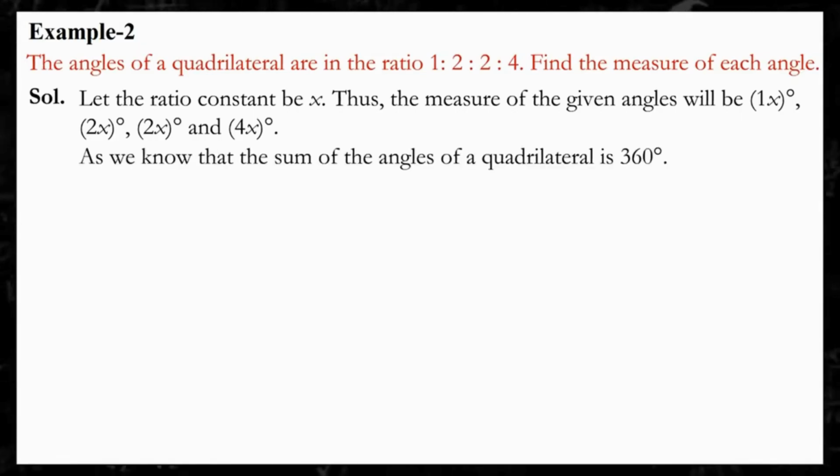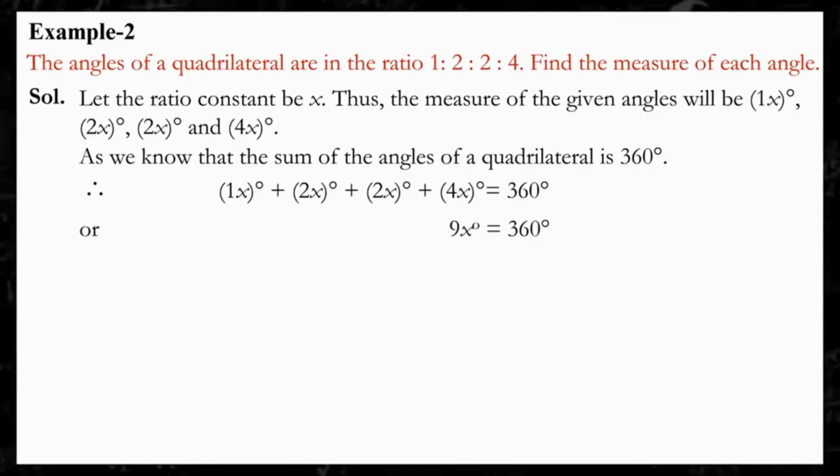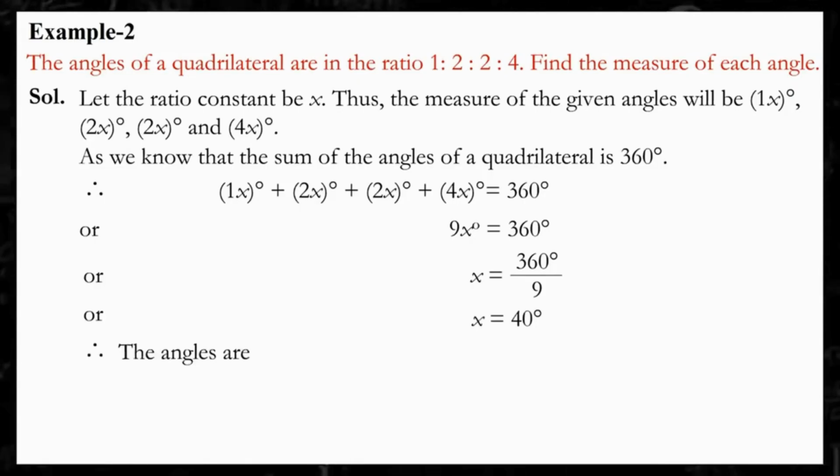As we know that the sum of the angles of a quadrilateral is 360 degrees, therefore 1x plus 2x plus 2x plus 4x is equal to 360 degrees, or 9x degrees is equal to 360 degrees, or x is equal to 360 degrees upon 9, or x is equal to 40 degrees.